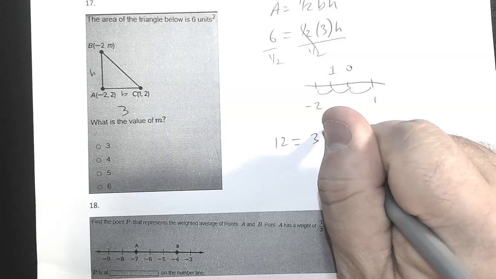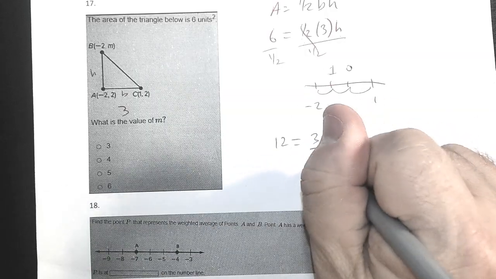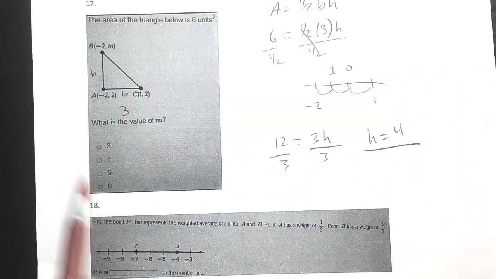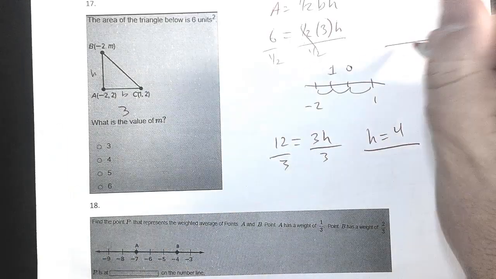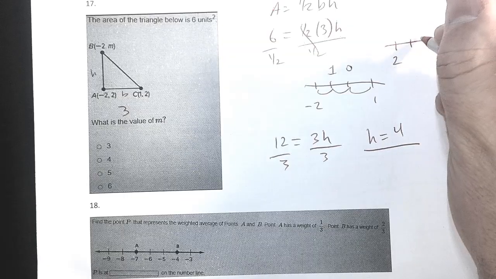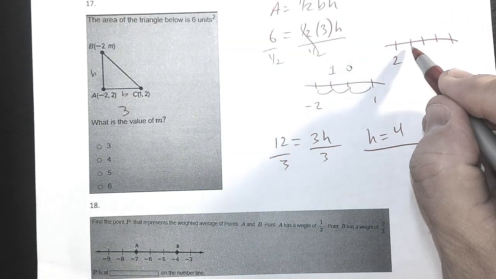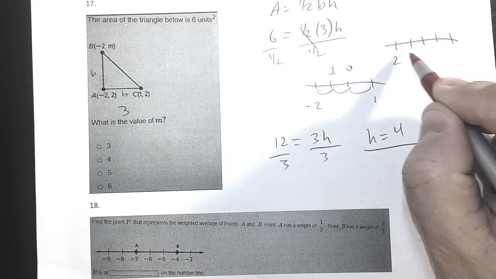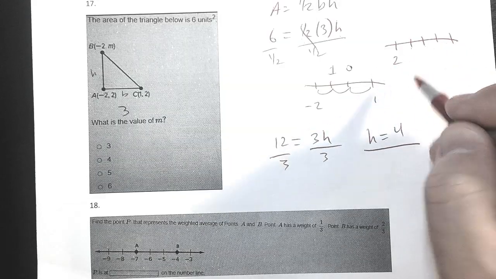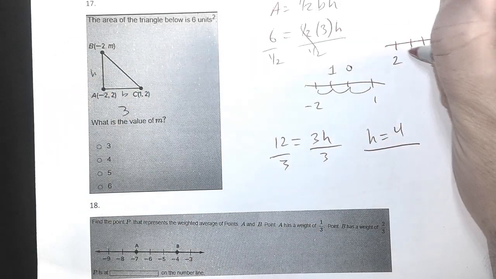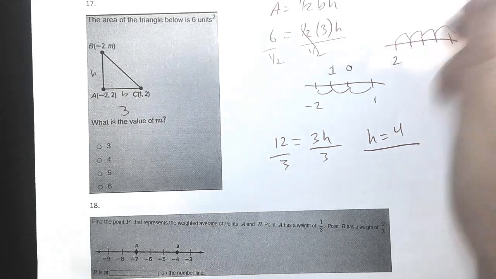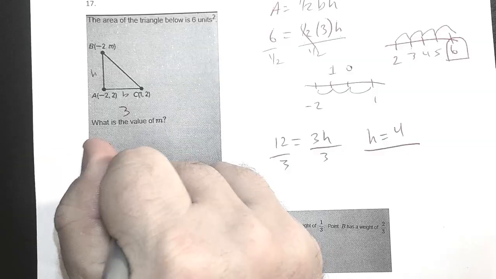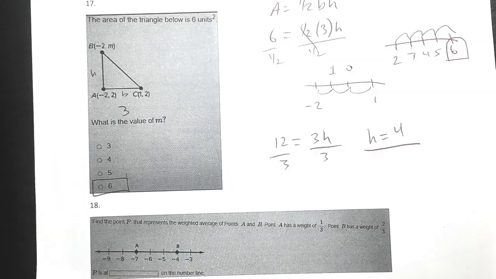And that's 3 times the height. Divide both sides by 3. So the height is 4. Now to go from, on a number line, from 2, 1, 2, 3, 4, it would be 2, 3, 4. Wait a minute. So -2, so 2. And then we're going 1, 2, 3, 4. This is 3, 4, 5, 6. So our answer is 6.